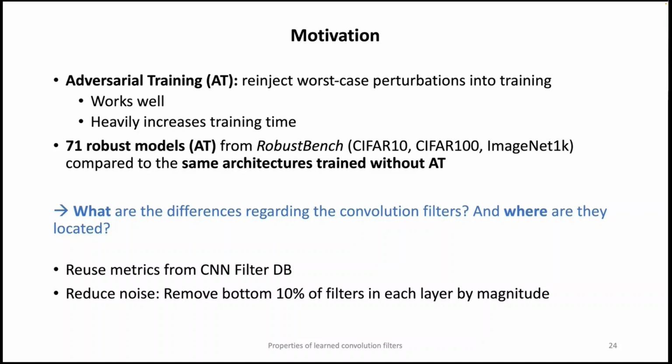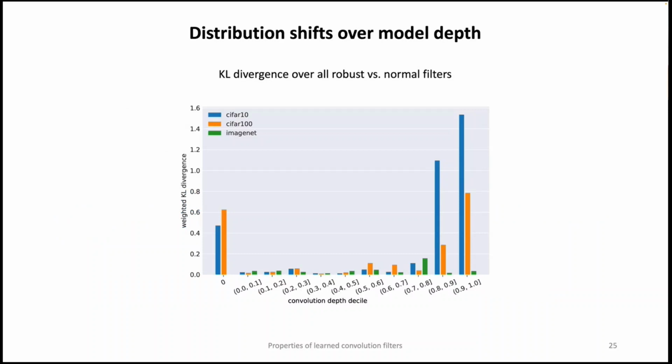We simply used the metrics that we have previously shown. But in this work, we wanted to remove the amount of degenerated filters, so we removed the bottom 10% of the filters, and we select those by the magnitude. First, we looked at where the distribution shifts are between robust and normal models. It turns out that there are two interesting locations.